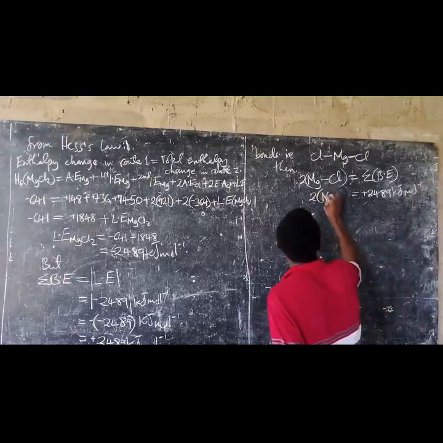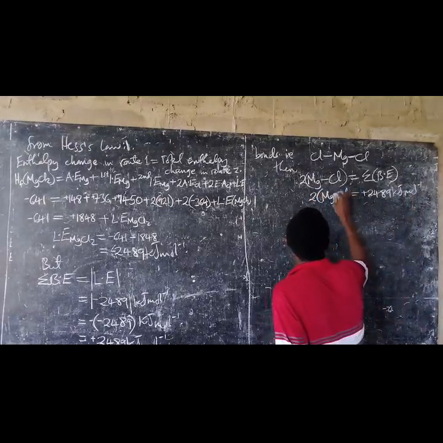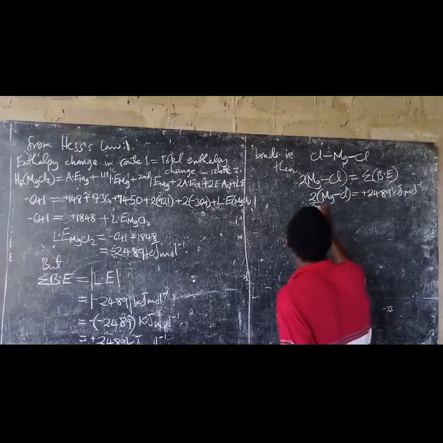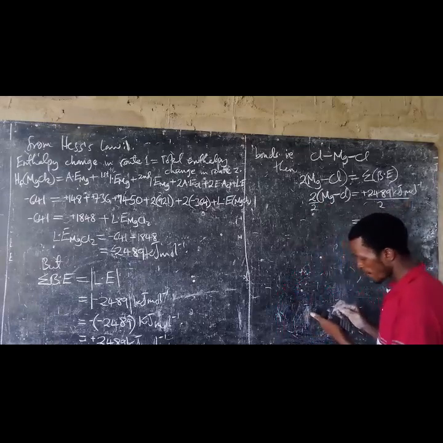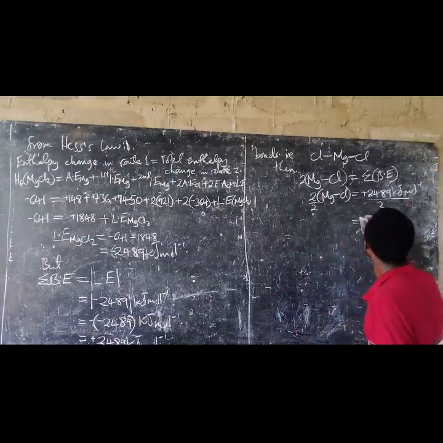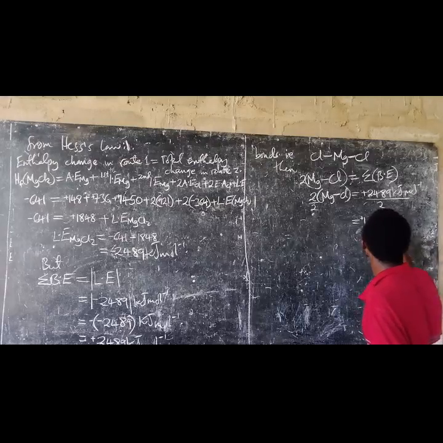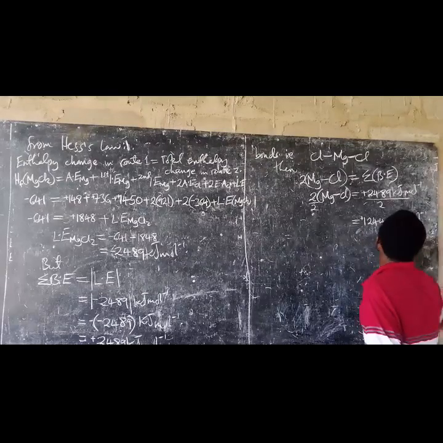That is 2 magnesium to chlorine bonds. Dividing by 2 both sides, we will have positive 1,244.5 kilojoules per mole.